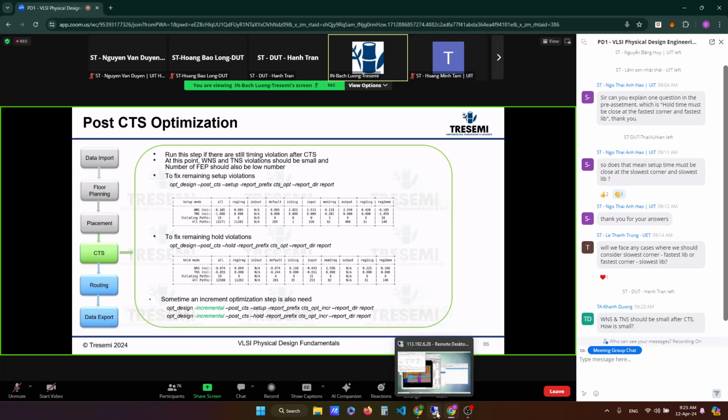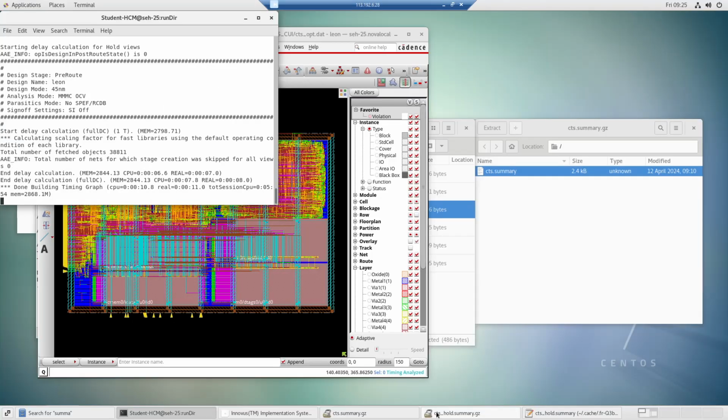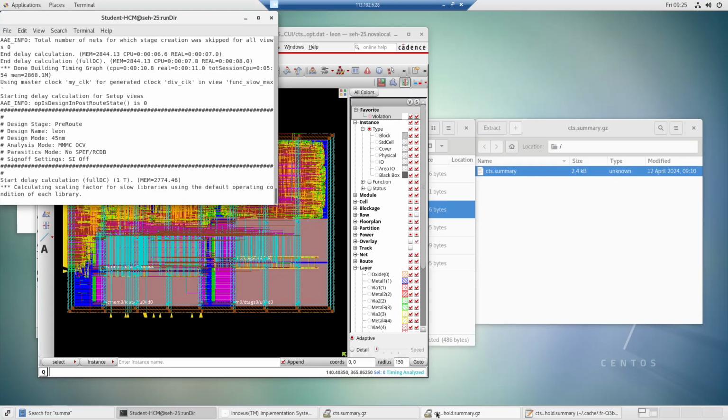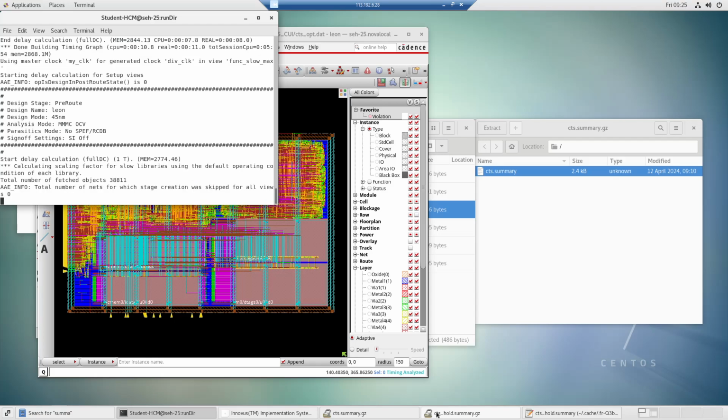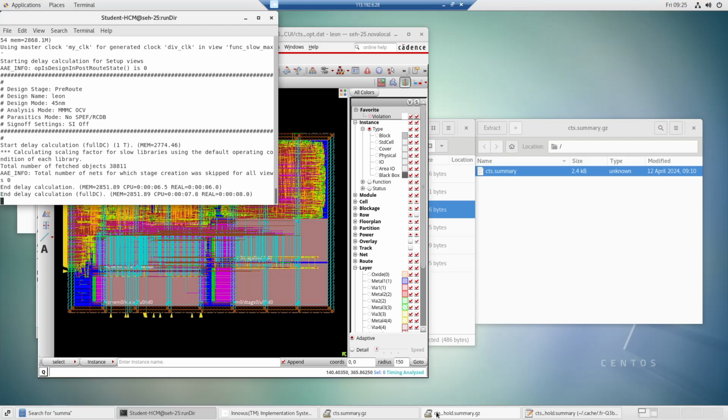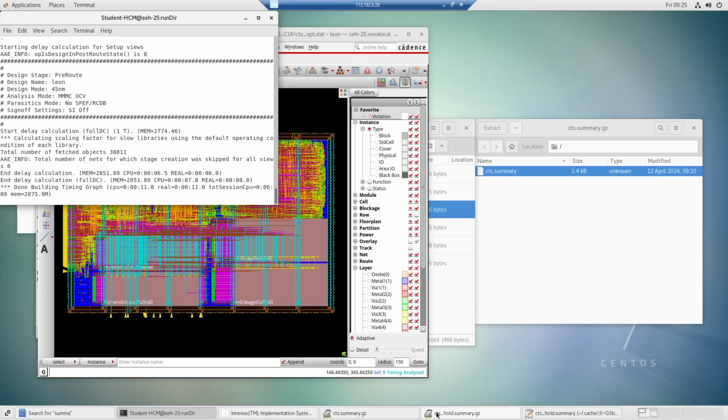But I guess better would be to take a look at the number of paths. If you have less than 100 or so, maybe 100, 200. If you have 1,000, then you have a huge issue somewhere. So the total number of violating paths should be 100 or 200, less than 200, I would say.